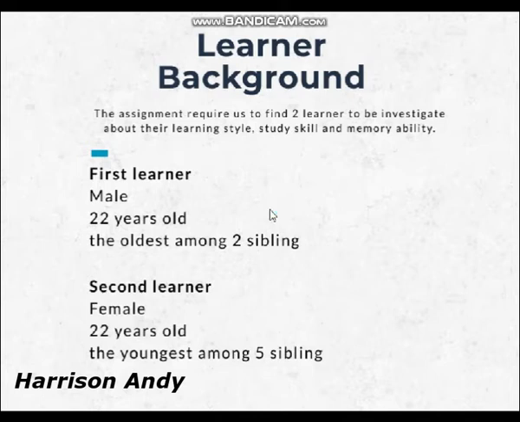He is from Sarike. The second learner is female. She is 22 years old and the youngest of five siblings. She is from Padawan. Both of them are from Human Resource Development, second year.